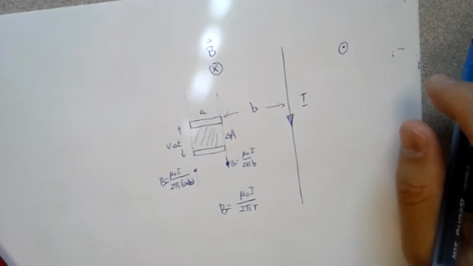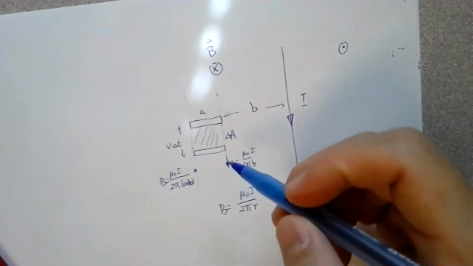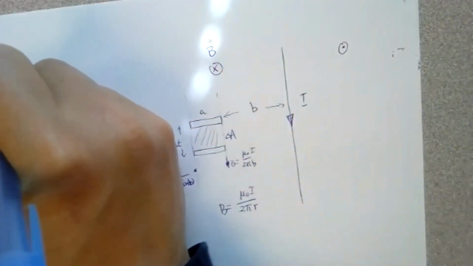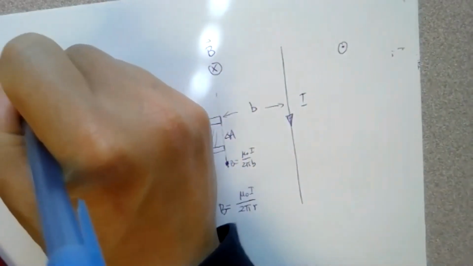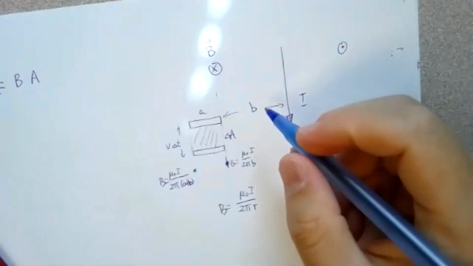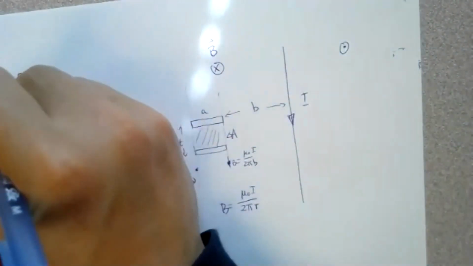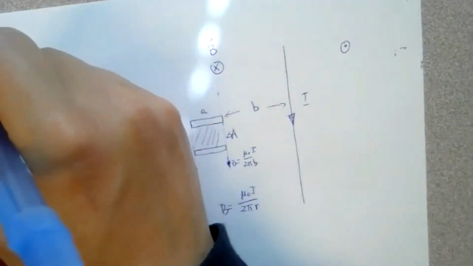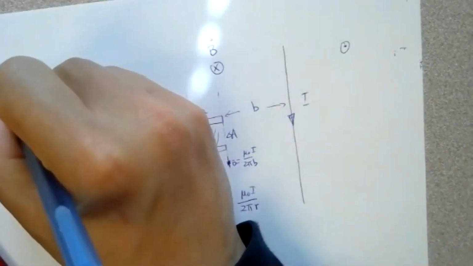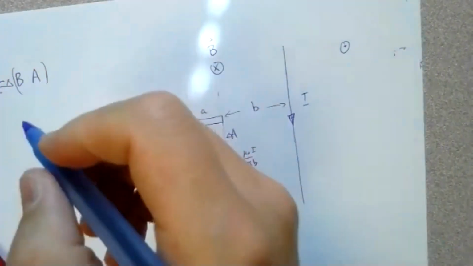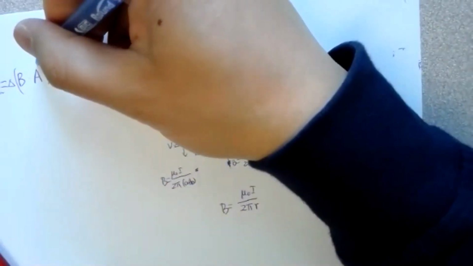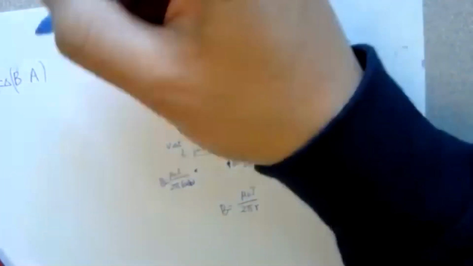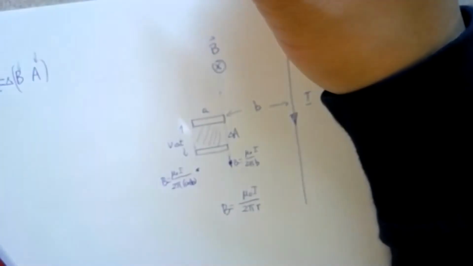So you cannot simply say, to calculate flux, you cannot simply do B times A in this case. If we are looking for change in flux, then you should be doing change in B times A. Now, area is changing, and the B field is also changing.